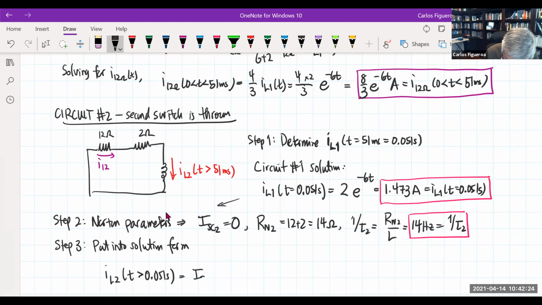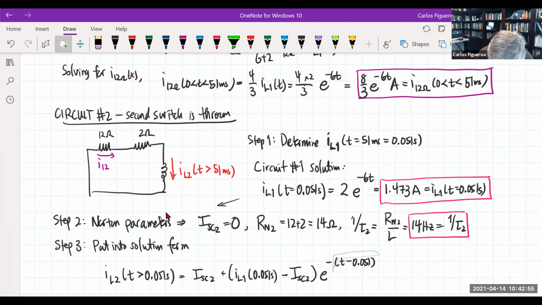I have I short circuit of 2 plus my initial condition at 0.051 seconds minus I short circuit of 2, times e to the minus, let's be careful now, there's a shift. How much did I shift it? 51 milliseconds. And then I have my time constant. You know what? I should have put the 14 in first. I'm going to move this over. Okay. And I'm going to say that this is 14 times that.